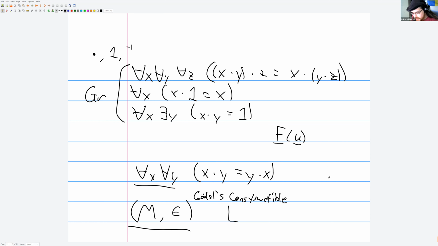He developed a way to adjoin mysterious outside elements to a model of set theory to get a bigger model of set theory that has other properties. And he was able to use this to show that if you start with a model of ZF, you can get a model of ZF plus choice fails.